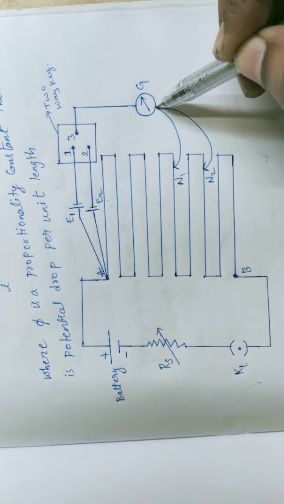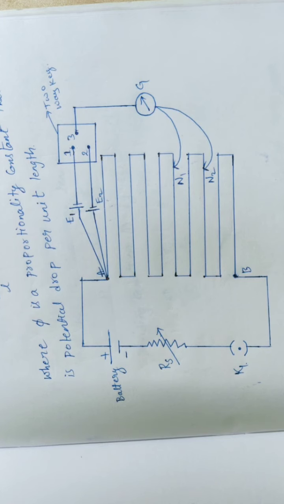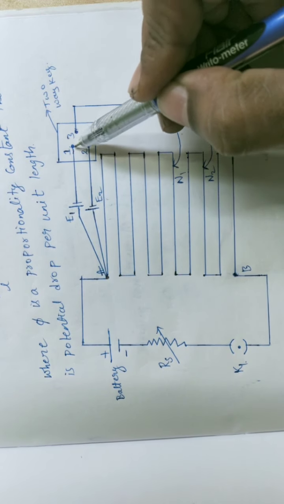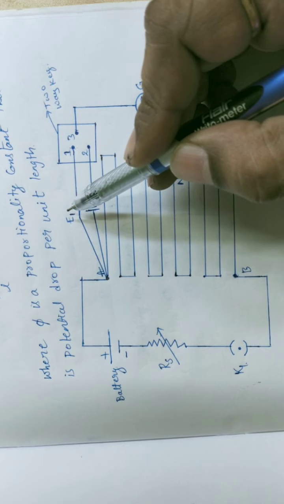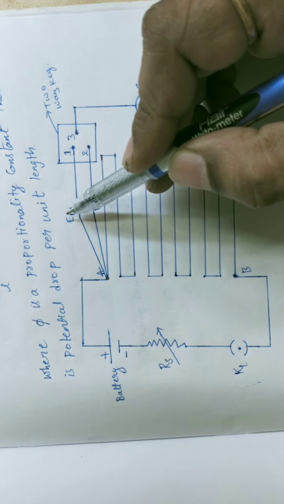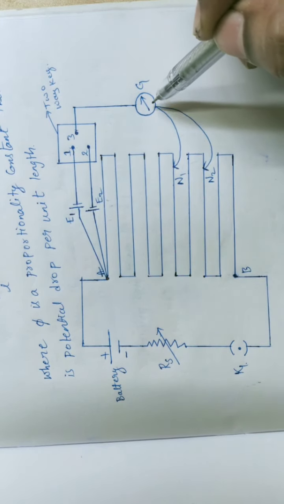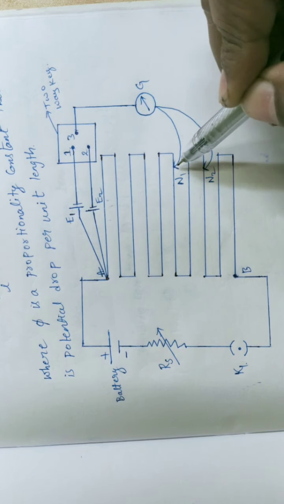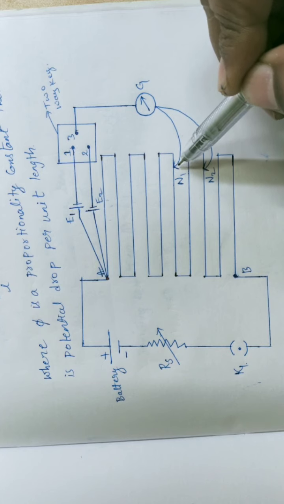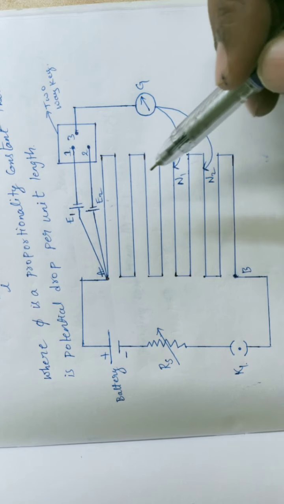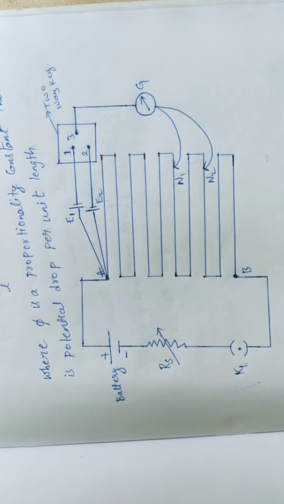This galvanometer is further connected to a jockey. If terminals 1 and 3 are connected, then only the first cell with EMF E1 is working, and with the help of the galvanometer and jockey we can obtain a null point, named N1. From that null point we can find the balancing length L1.